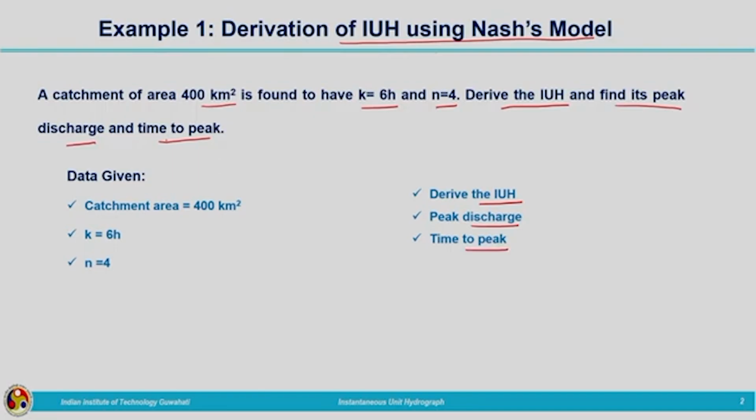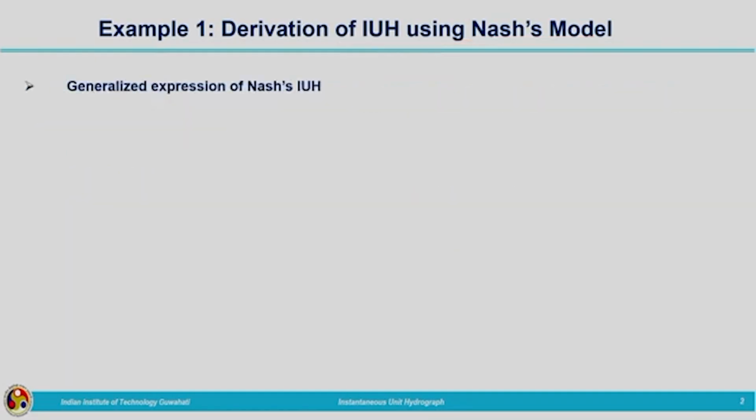We are going to make use of the principle proposed by Nash, that is the principle of linear reservoirs, and we will derive the IUH first. The generalized expression for Nash IUH is Q(n,t) equal to 1 by K gamma n, t by K to the power of n minus 1, e to the power of minus t by K. Here we have the values corresponding to K and N. K is 6 hours and N is 4.